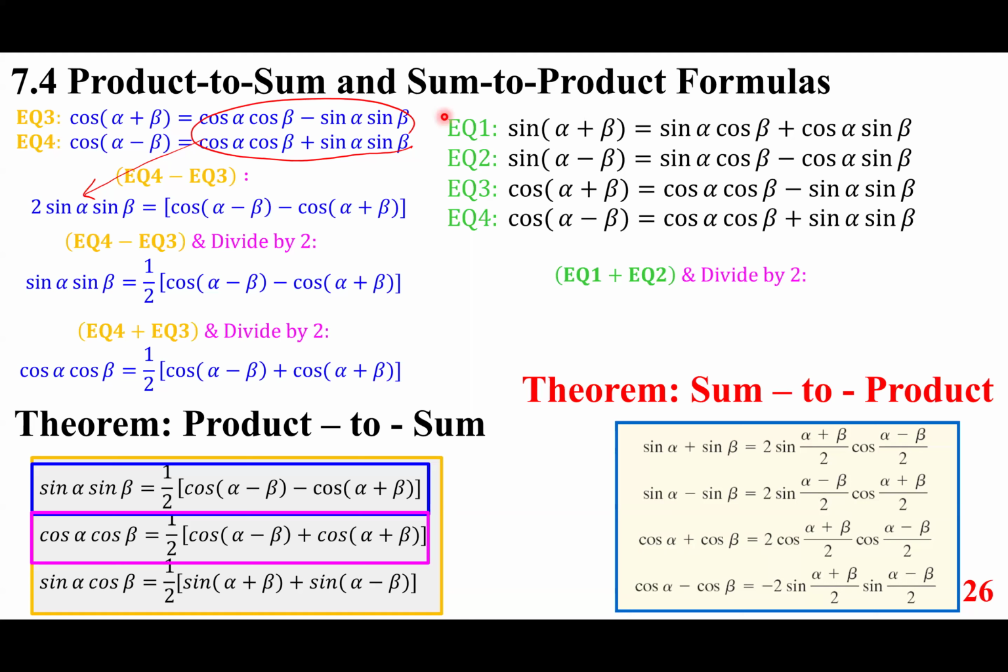If we do the first equation and the second equation, if we add these two, they cancel each other. We get two of that, divided by two, we get this one, which is the last one, everybody: sine of alpha, cosine beta.